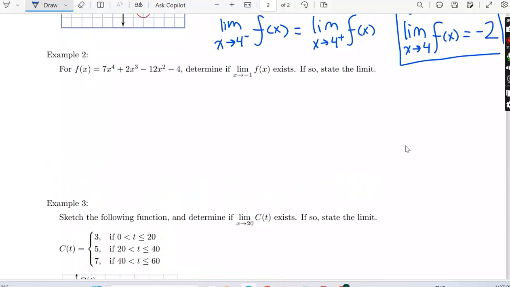Example 2: determine if the limit as x approaches -1 of f(x) exists. If so, state the limit. So we're going to do the same thing, except we're doing it algebraically now. The limit as x approaches -1 from the left of f(x) is equal to, well, instead of writing out the entire equation, I'm just going to type this in my calculator.